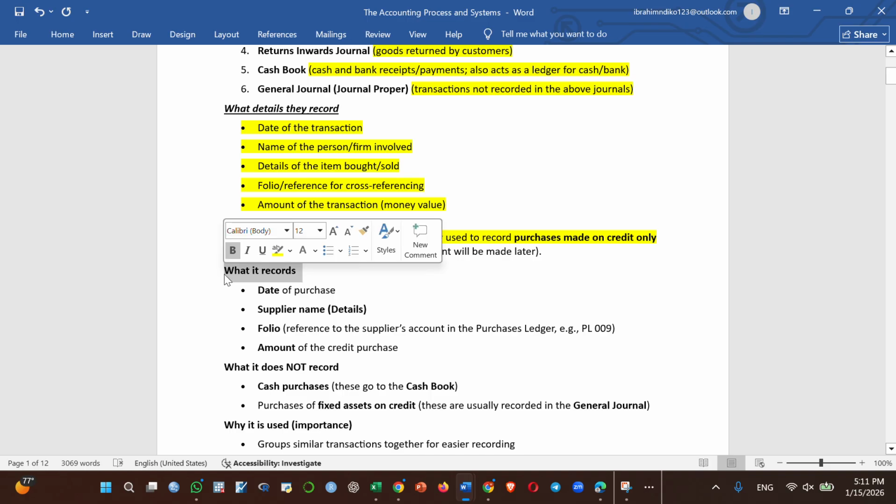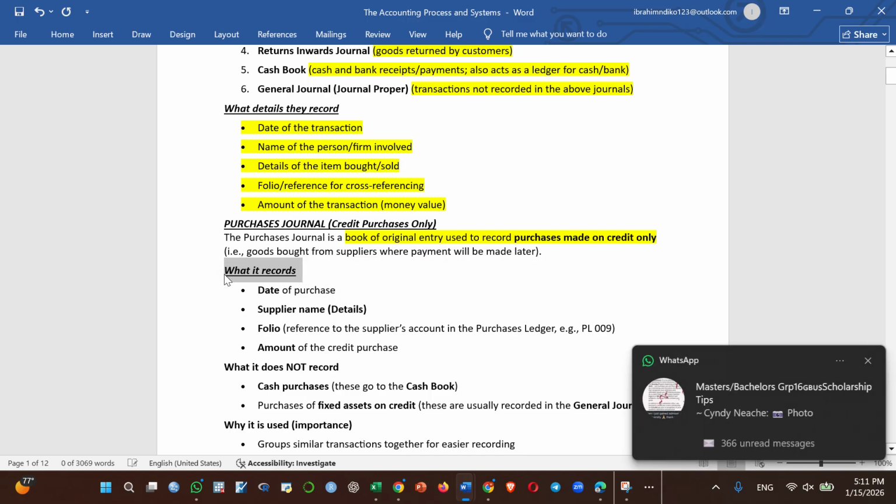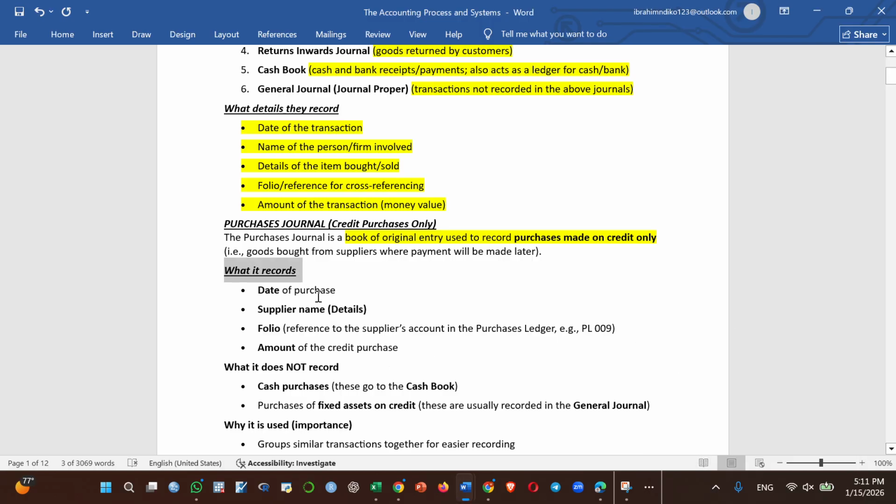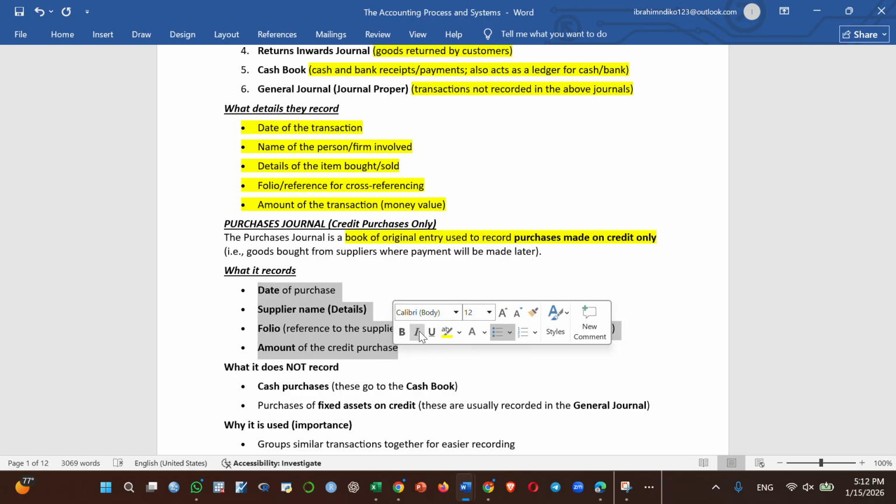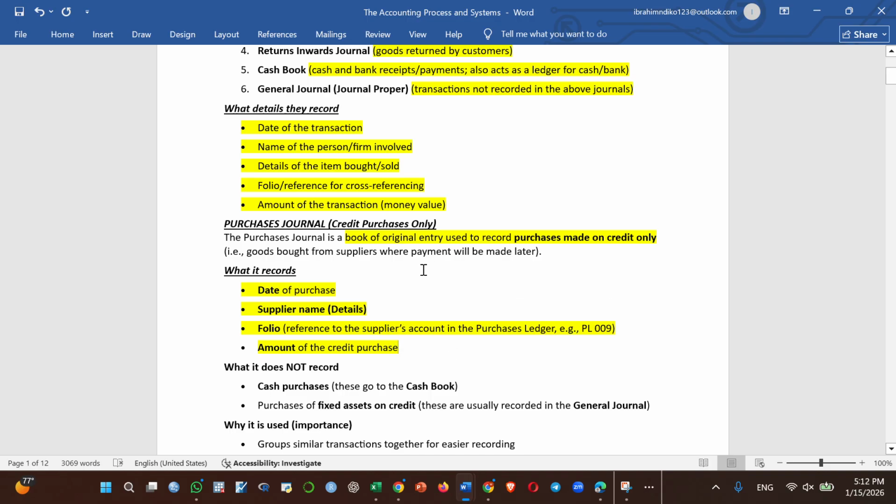Now let us see what it records. Number one, the date of purchase, as usual, the name of the supplier or the person involved, the folio number and the amount. The same as from the above part. Now let us see what it does not record.